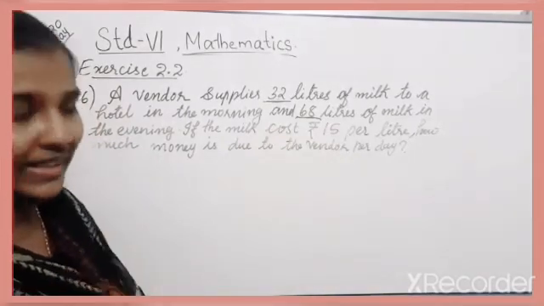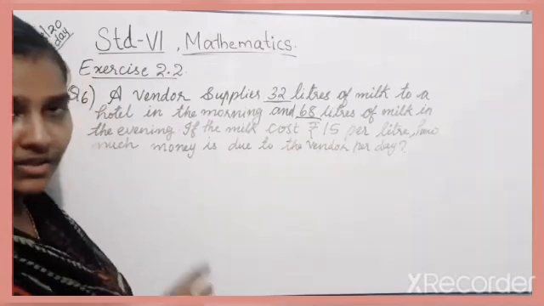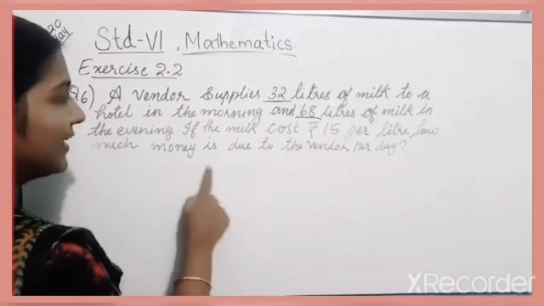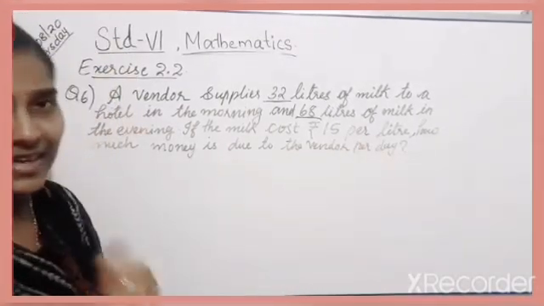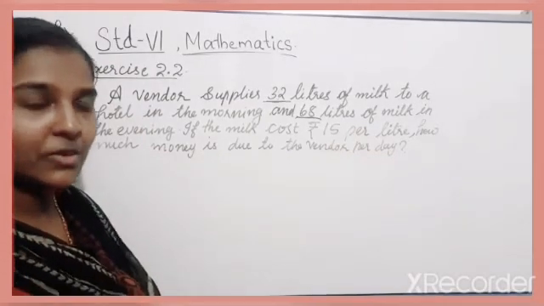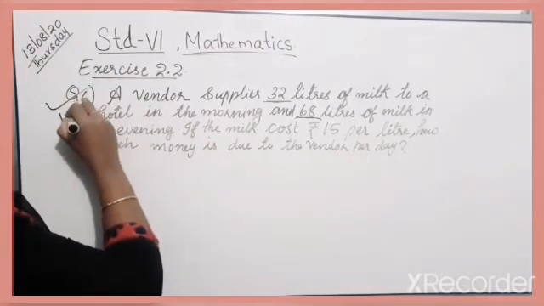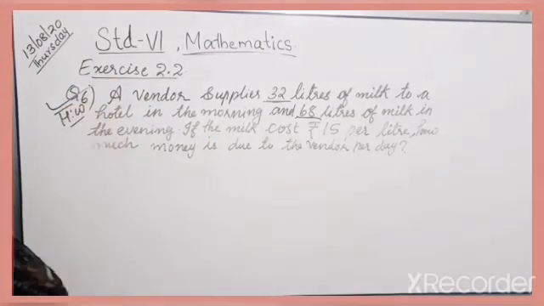Then you will get the final amount, that is the money due to the vendor per day. Okay children, it's easy now. So everyone do it as homework. Please mark it as homework. Now let's move to the next question.